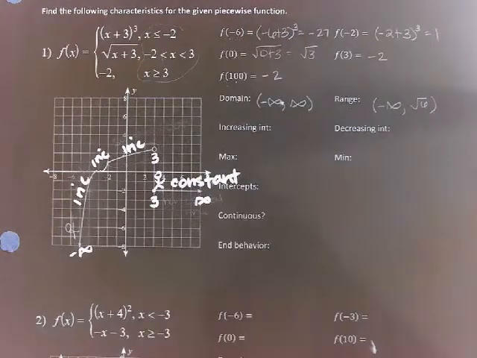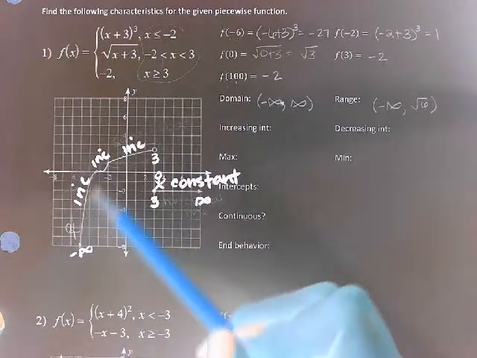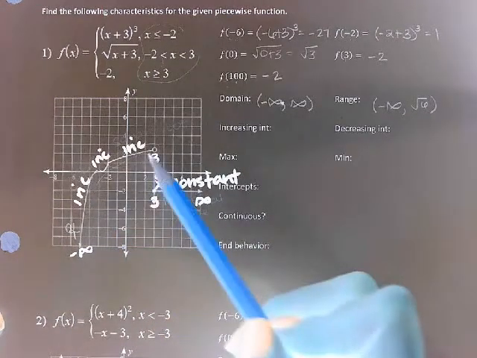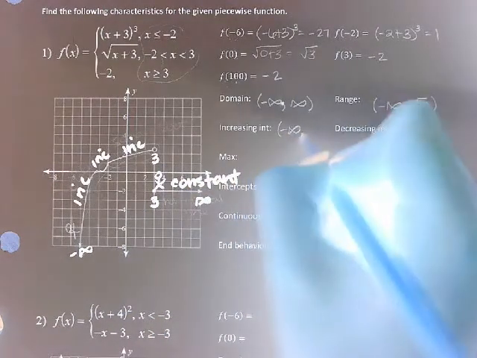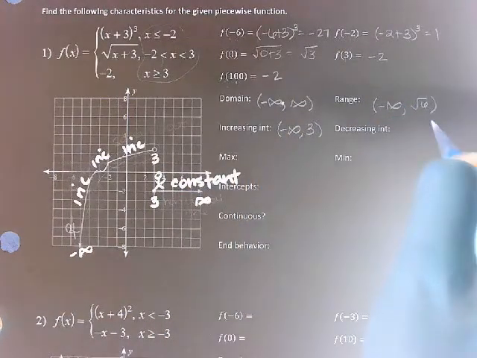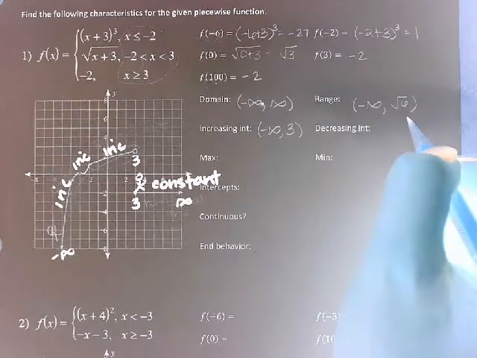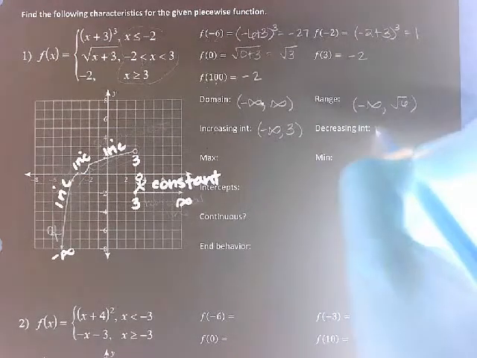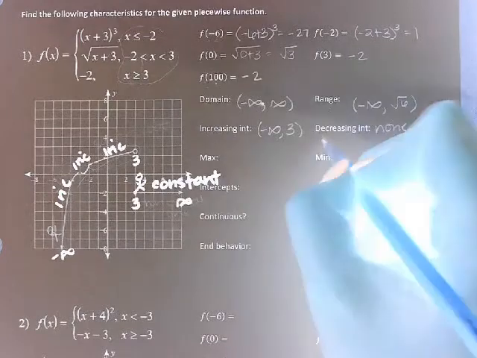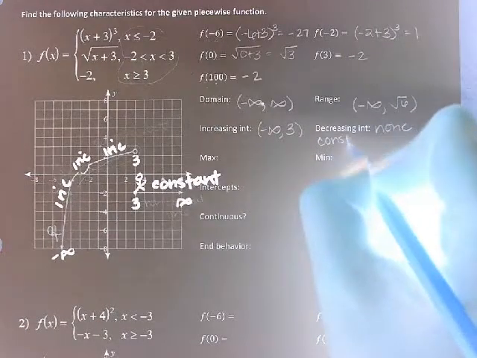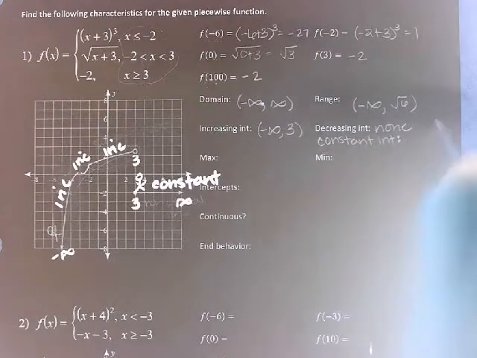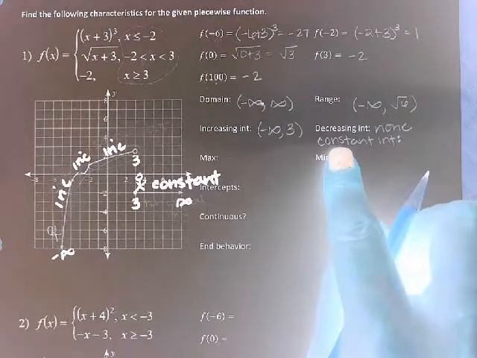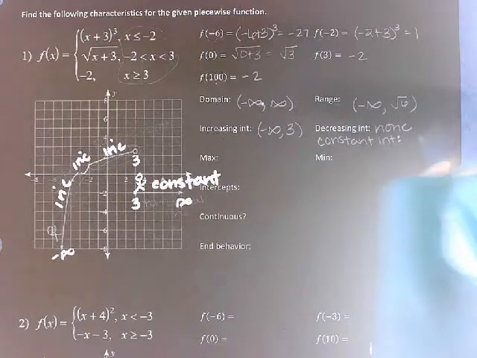Okay. So what should I say for the increasing interval? Negative infinity to 3. What should I say for decreasing? None. It never decreased. And then I'm actually going to add a different one in here. I'm going to say constant interval. What am I going to say for constant? 3 to infinity. Okay.